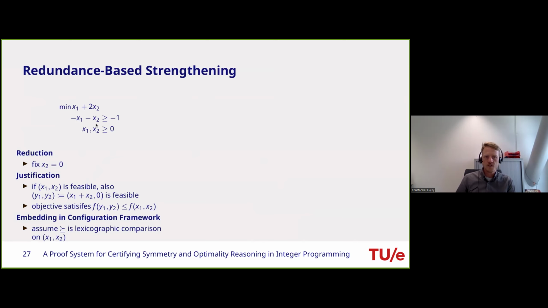Of course, this is invariant under the constraint that we have here, and it improves upon the objective function. So we can fix the variable to the lower bound. And if we assume that this pre-order that we have selected in the configuration is the standard lexicographic comparison on the vector x1 and x2, then this change here that we shift the weight of x2 to the first coordinate also improves upon this lexicographic comparison.